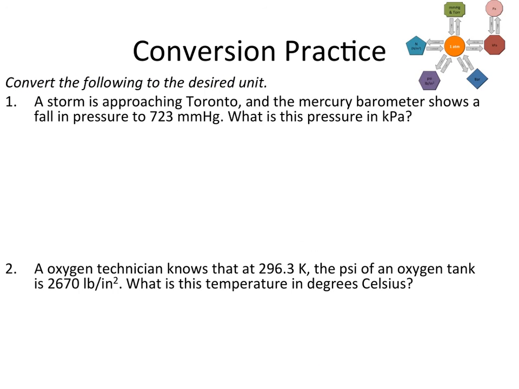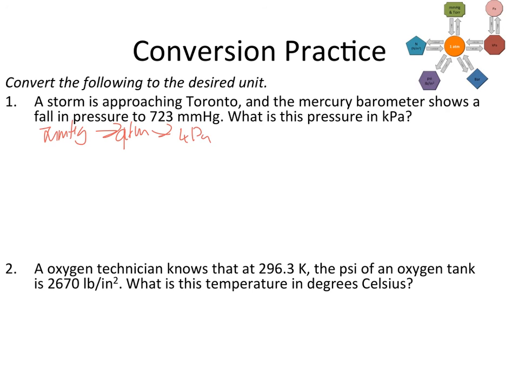So let's just do a little conversion practice. Here we have a storm that's approaching Toronto. The mercury barometer shows a fall in pressure to 723 millimeters of mercury. What is the pressure in kilopascals? So the first thing that we want to do is highlight what we're going to be going from. So we're going to go from millimeters of mercury, and we're going to go to atmospheres, and then we're going to go to kilopascals.